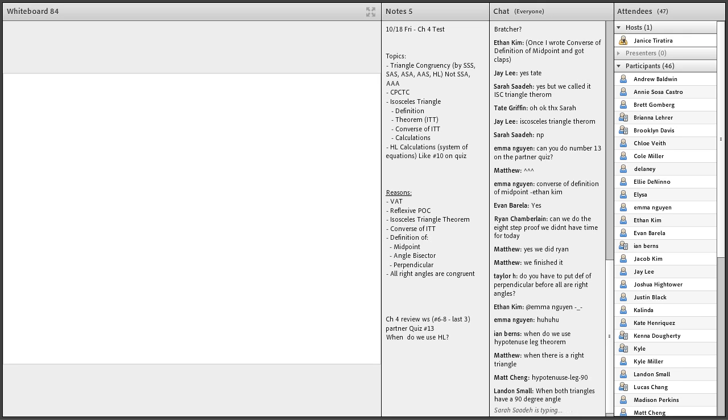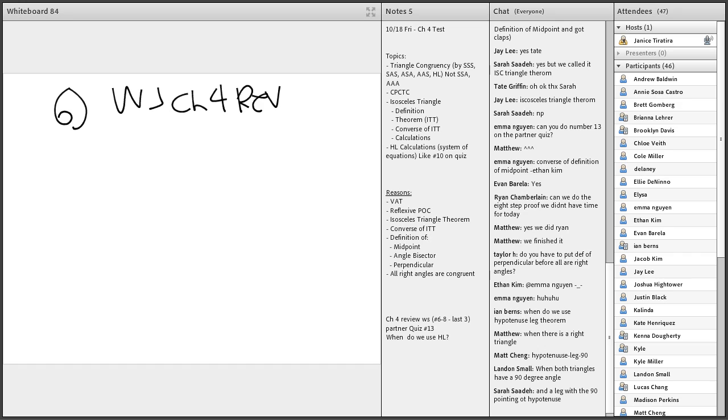So let's see, here's number 6 from one of the worksheets. This is chapter 4 review. I gave this today. So here are the tick marks. So step 1, I know this is an equilateral triangle because all sides are equal. And if all sides are equal, then all angles are equal.